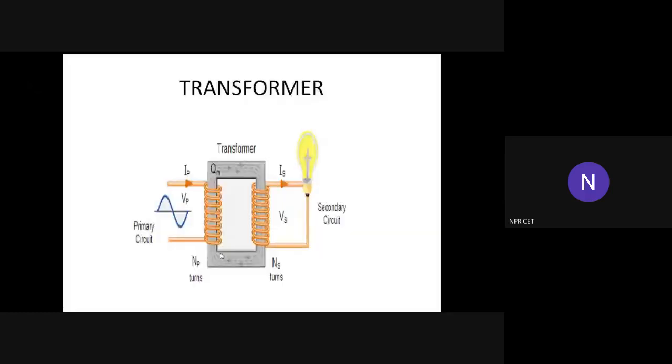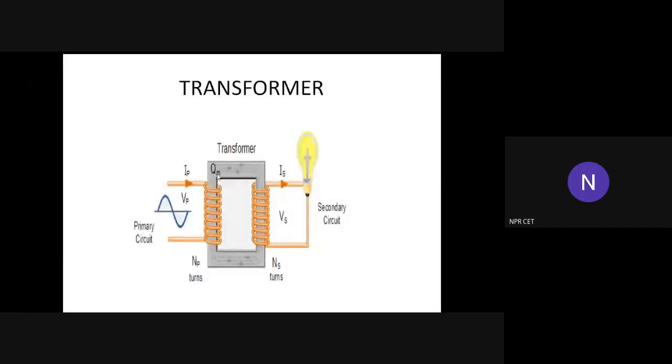And also the iron core provides a low reluctance path for the magnetic flux, right? So this is the transformer. The winding is made up of copper or aluminum, for both primary and secondary winding, right?